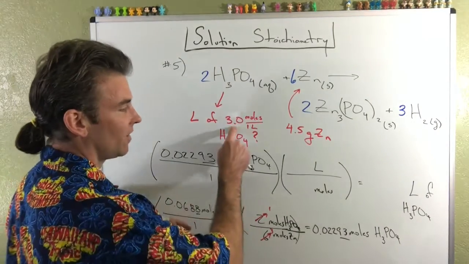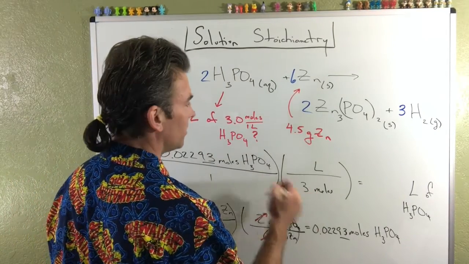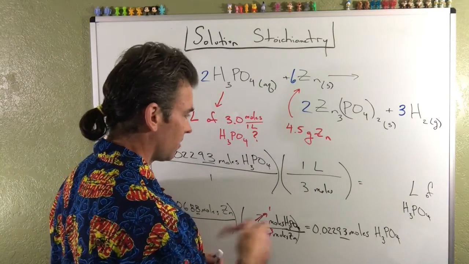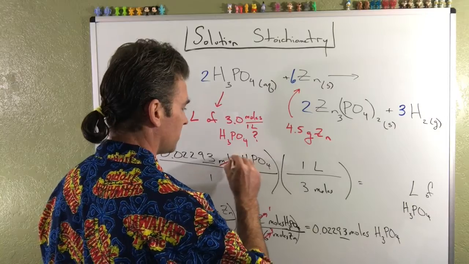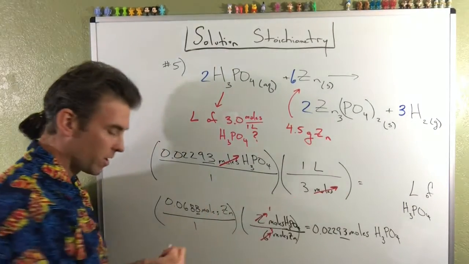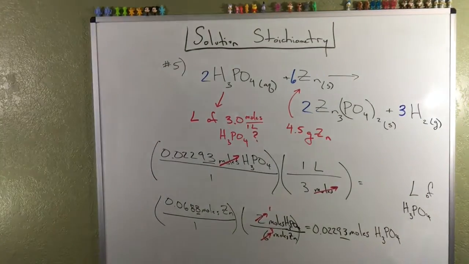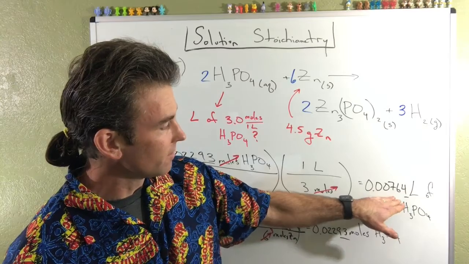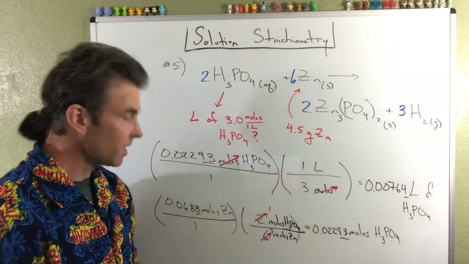So I can tell that, well, my 3 is going to go with the moles, 1 will go with liter, and so we should end up with just dividing that number by 3, and we are nearly at our final answer. And there's our answer to the question. We are going to write it rounded up here.